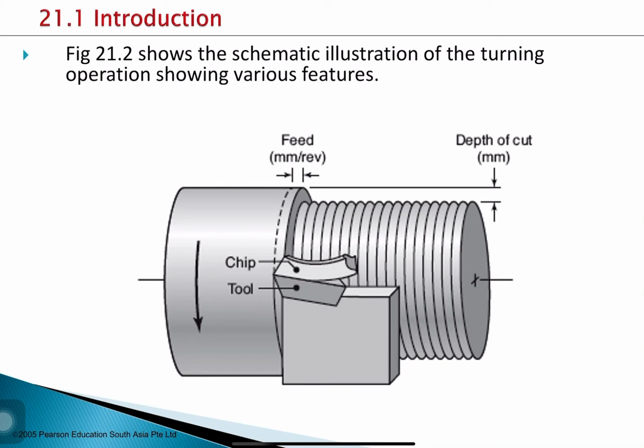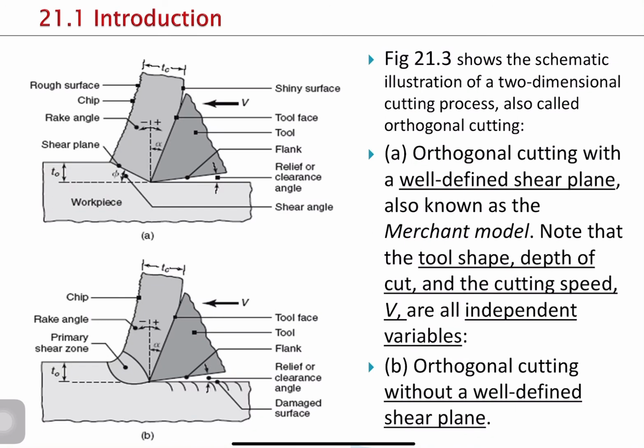So per that revolution, how thick the cutting tool goes in. Depth of cut is how thick the cutting tool goes inward, radially, into the cylindrical workpiece. So there's feed and there's also depth of cut, also in mm.